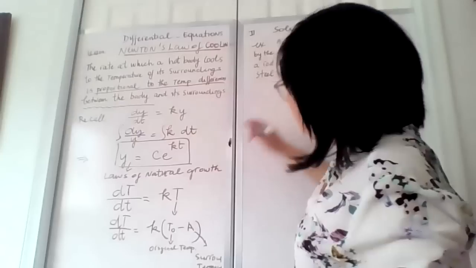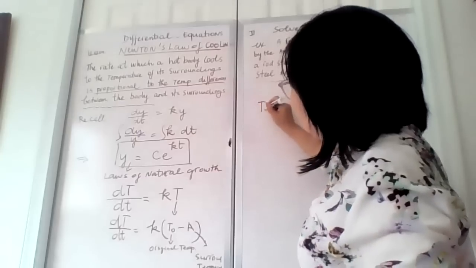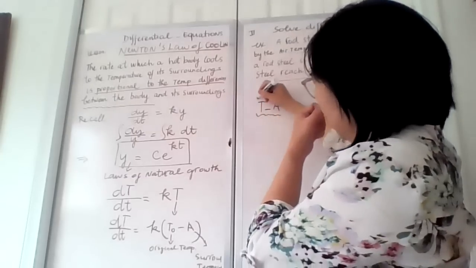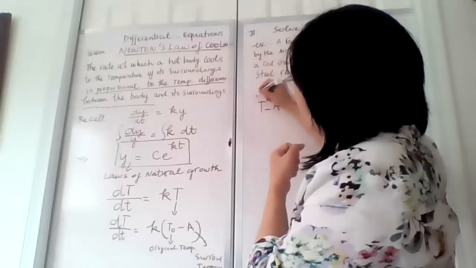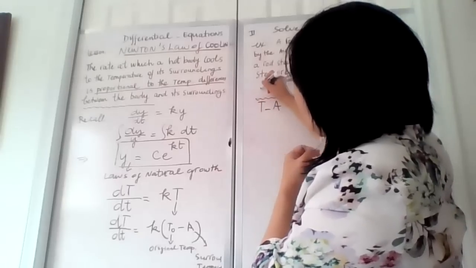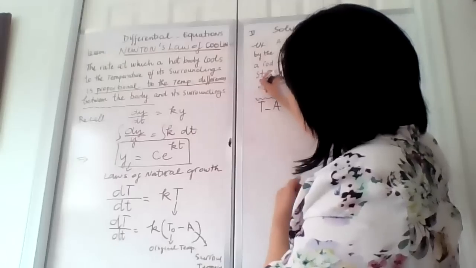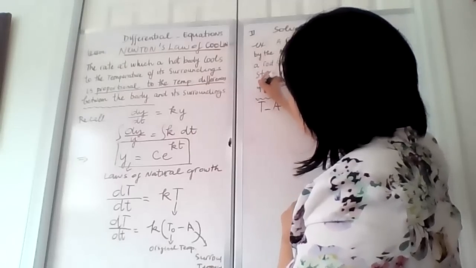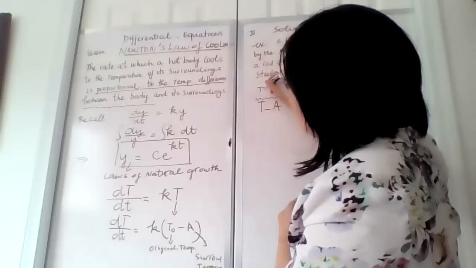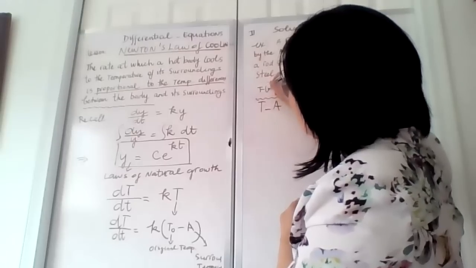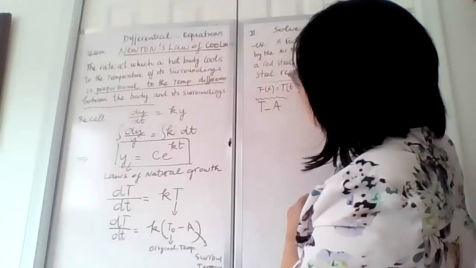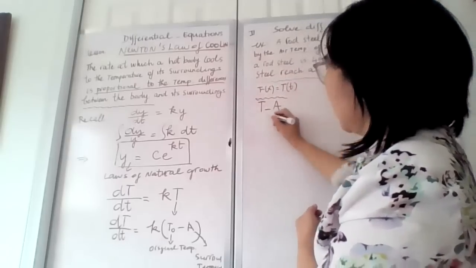So our T minus A here is actually a function of t. It's a function like f of x. But in here, it's temperature with respect to time, right?